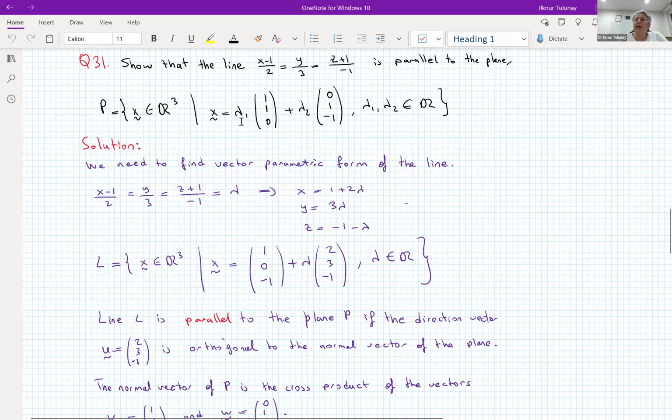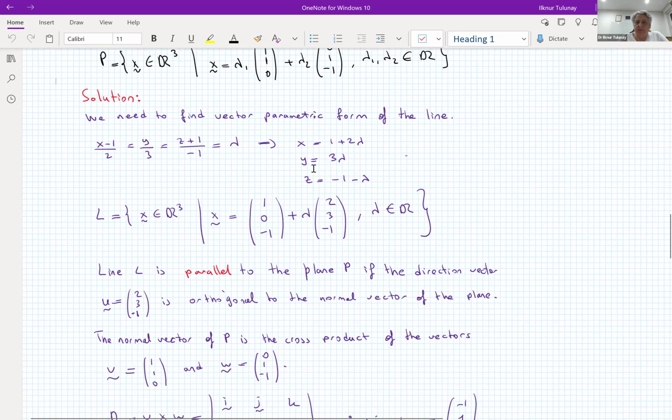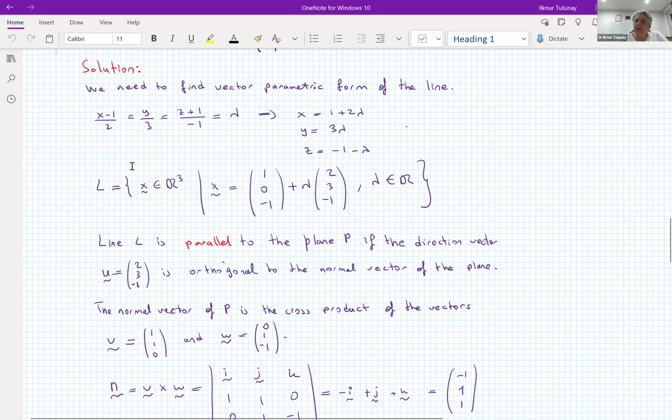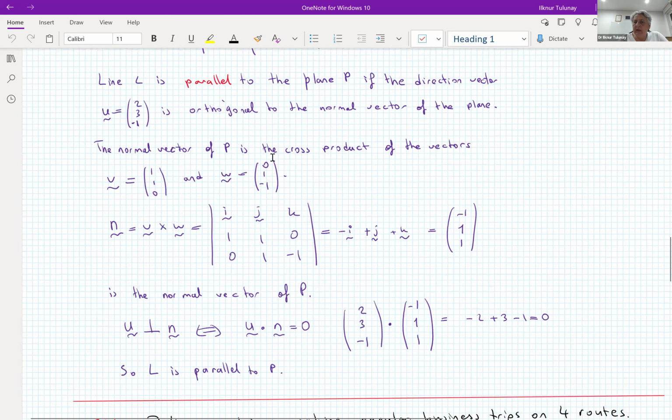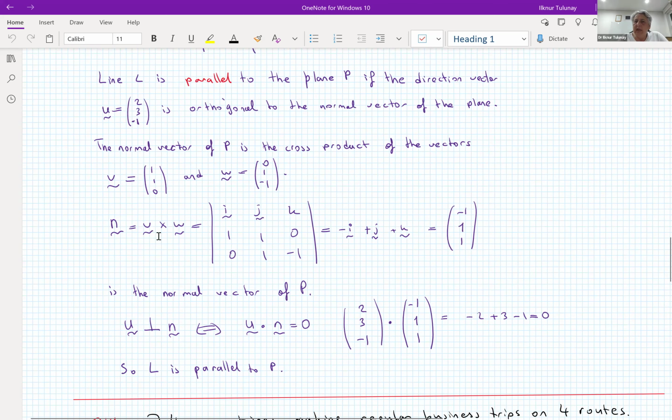So this plane passes through the origin in three-dimensional space. This is one directional vector, this is another directional vector, and we are going to calculate the cross product of these vectors.